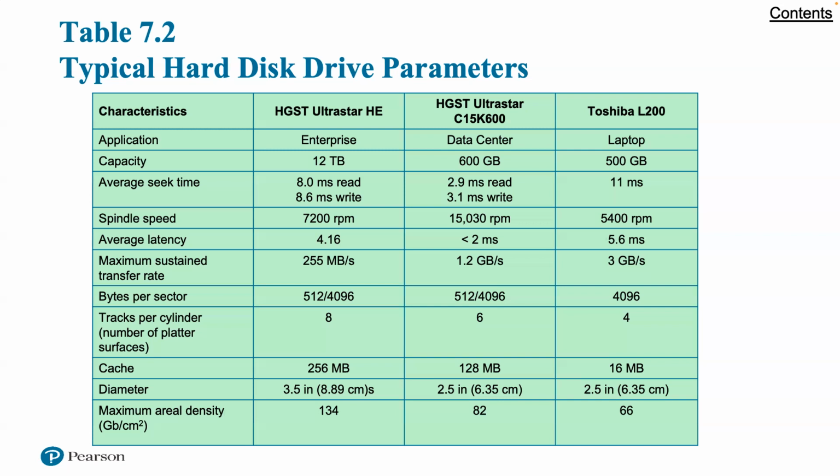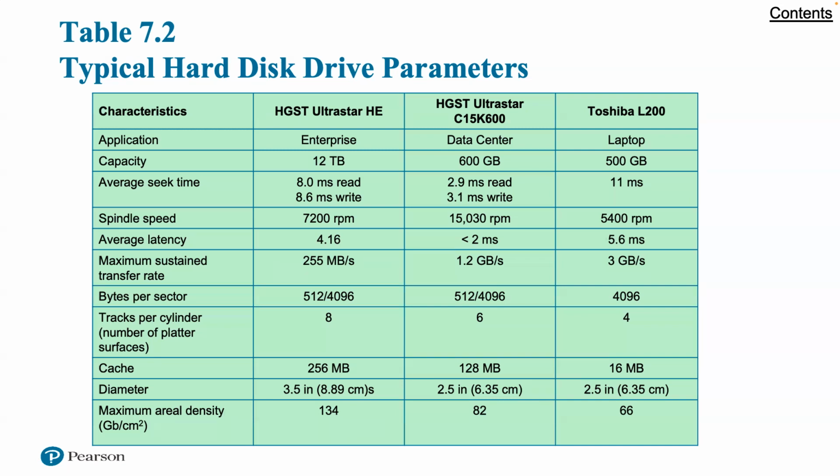And so for the data center one, the Ultrastar C15K600 has a smaller diameter than the Ultrastar HE. With less average distance to travel, the C15K600 achieves lower seek time. In addition, the C15K600 has a lower bit density on the disk surface, so that less precision is needed in positioning the read-write head, again contributing to lower seek time.